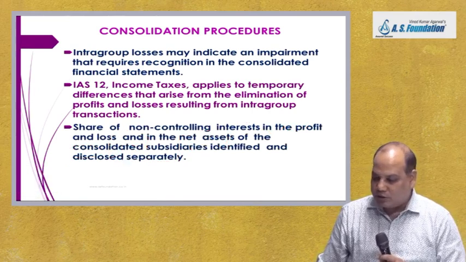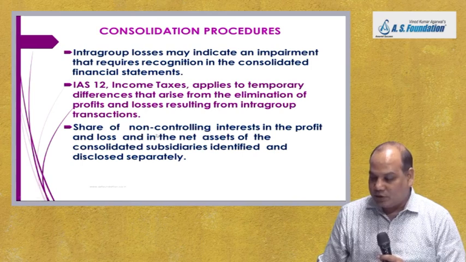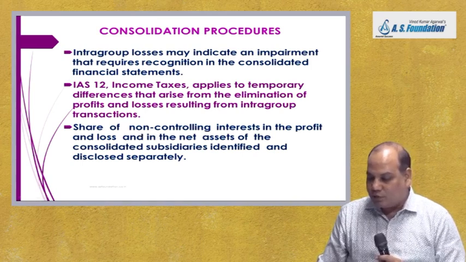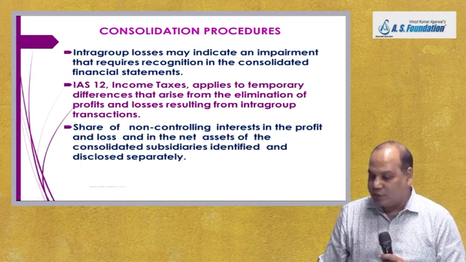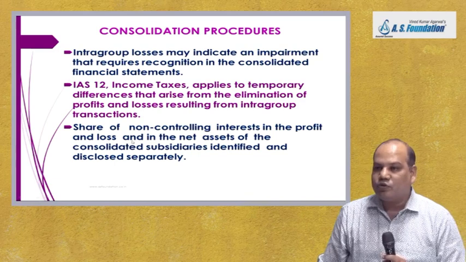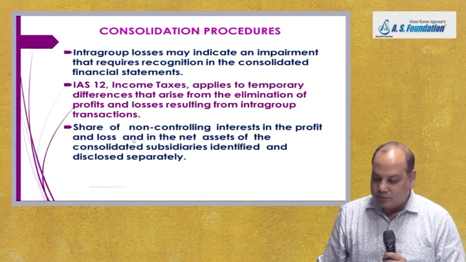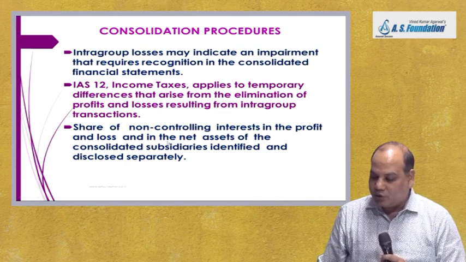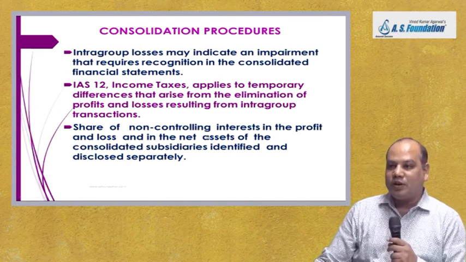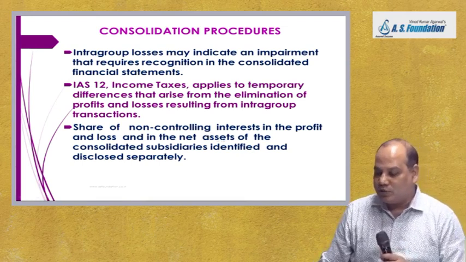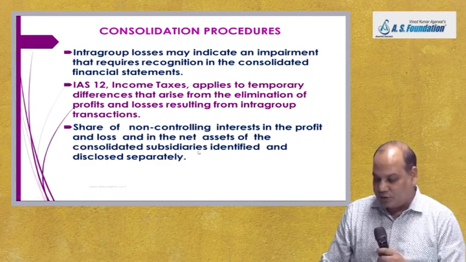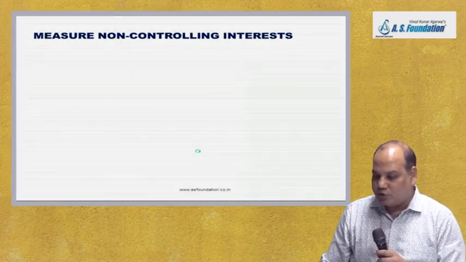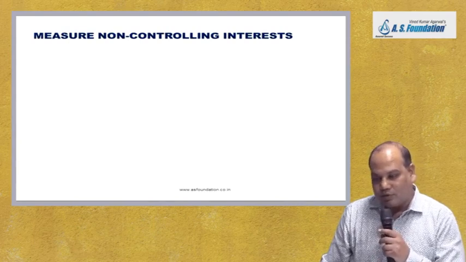Next point in consolidation, which the examiner will check, is your calculation of non-controlling interest. Share of non-controlling interest in the profit and loss. If I am asked to prepare the profit and loss statement, and if I am preparing the SOFP, in case the parent does not hold 100%, then I will also be required to compute the NCI in the net asset of the consolidated subsidiaries, and it will be disclosed separately, right?